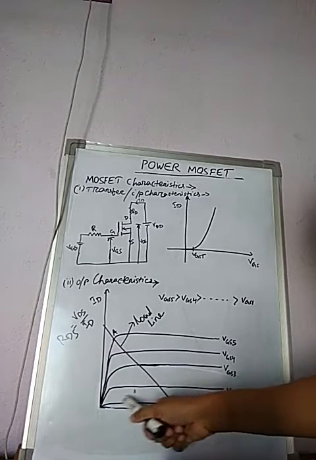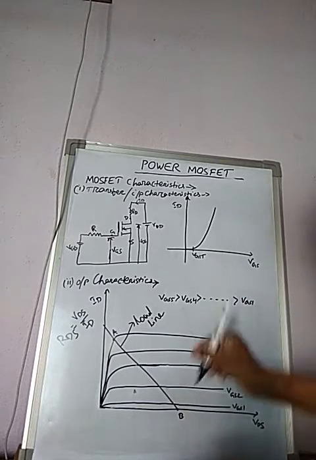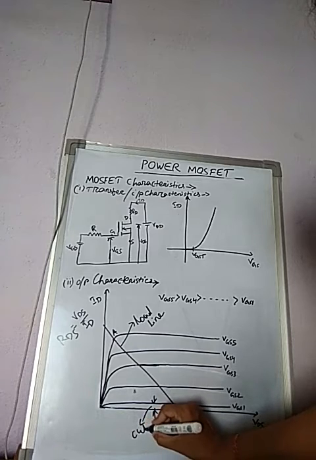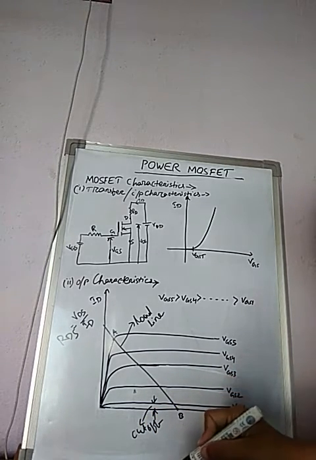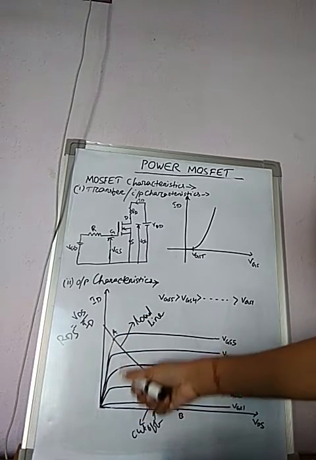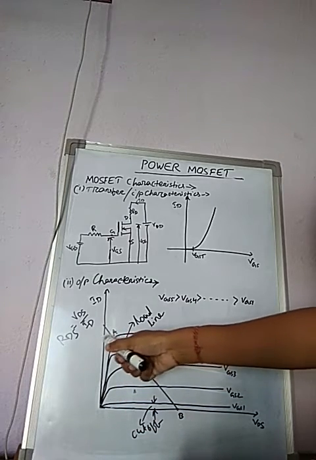Okay, so under this line, this is the cutoff region, so this B point represents fully off state, and here in this part MOSFET acts as a switch, and this is the saturation level.